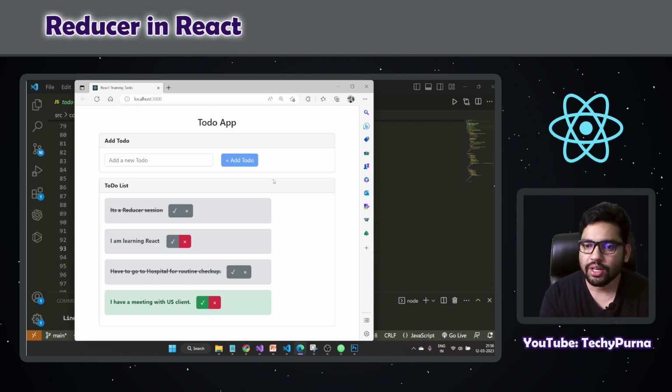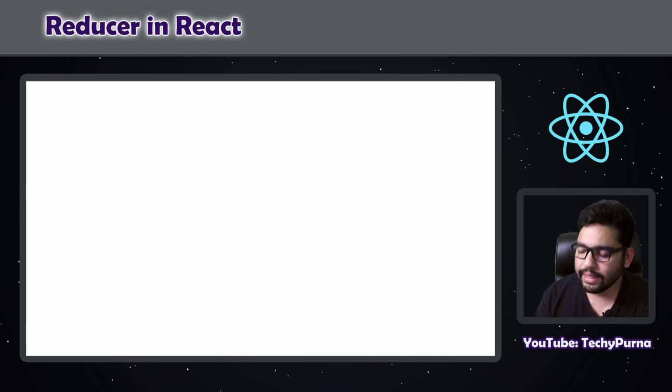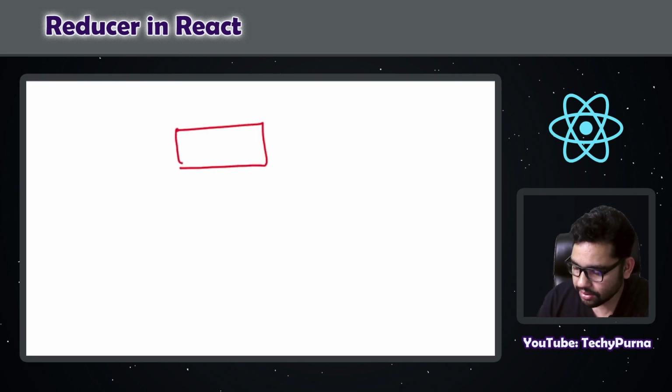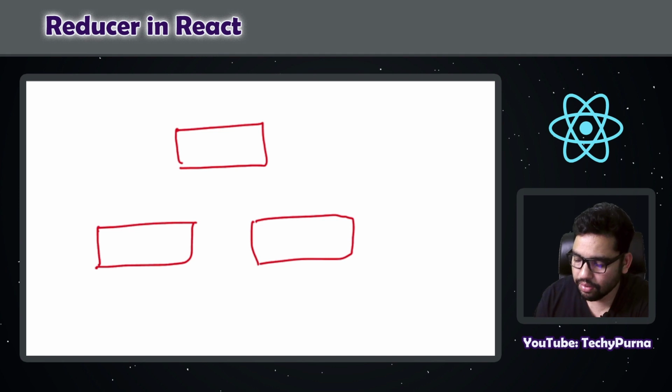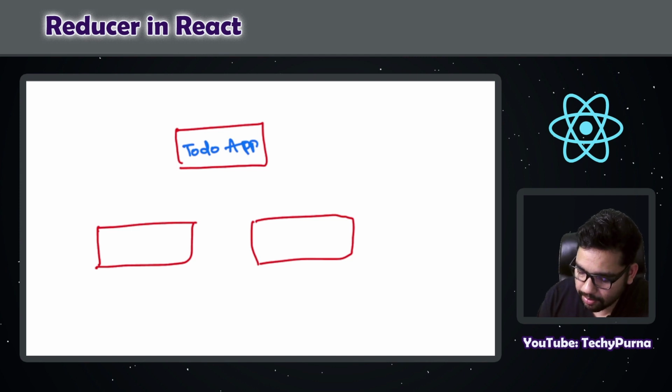I will be converting this to-do app using reducer and useContext. So let me share the whiteboard. I'll create three components. The first component is the to-do app, and the second one is add to-do.